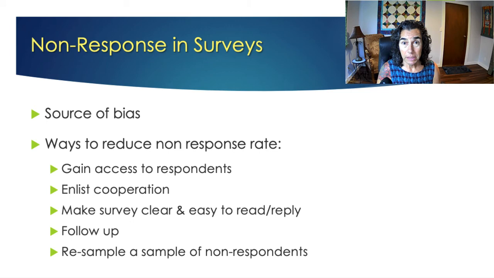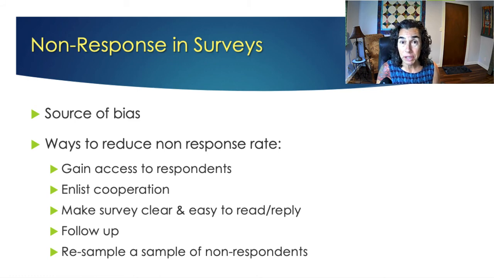Get more access to the respondents, up close and impersonal. Enlist cooperation, basically beg them or give them incentives to answer, right? In some way motivate them. Make the survey clear and easy to read and reply. So if it doesn't take a lot of effort, people are much more likely to respond.